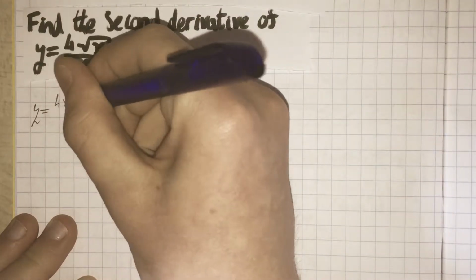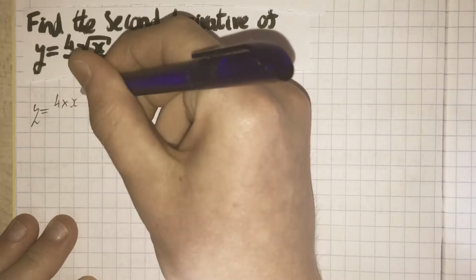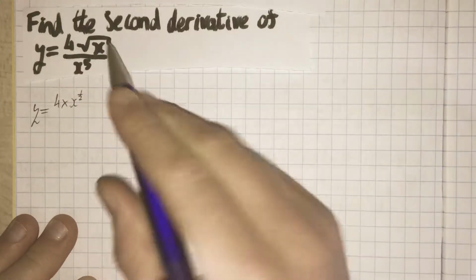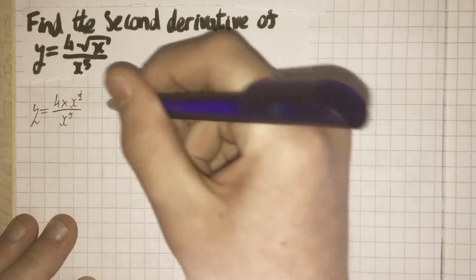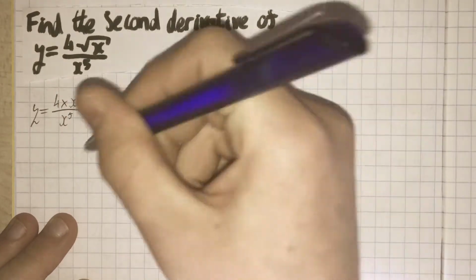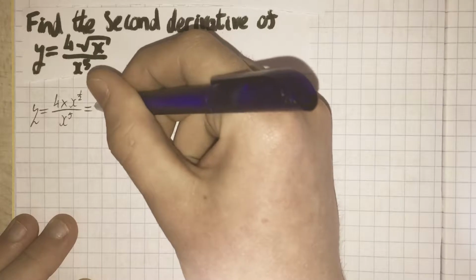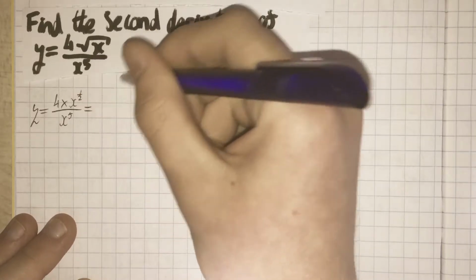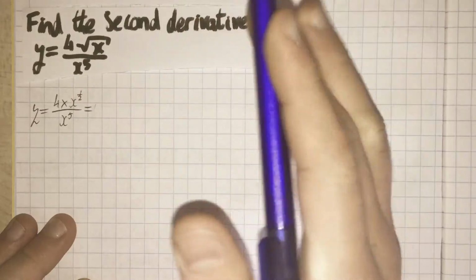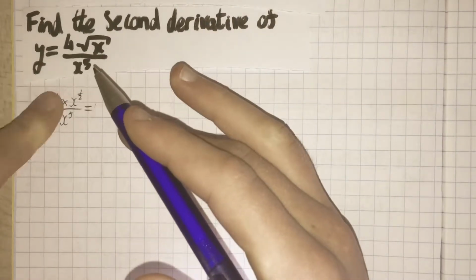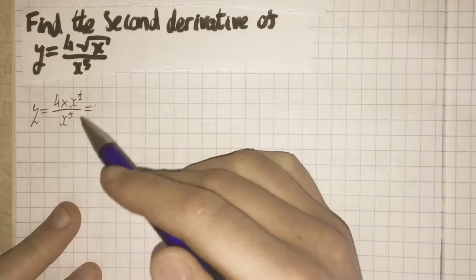Y equals 4 times x to the power of a half, that's what a root is, all over x to the power of 5. So that means we can take the 4 out. We just need to focus on the x's.